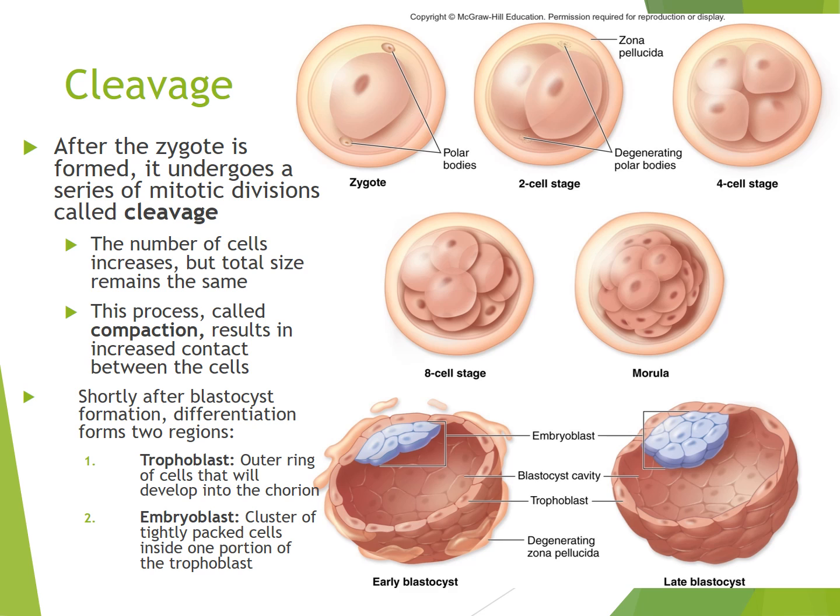The trophoblast creates the outer ring of cells, has a fluid-filled cavity, and will form the chorion later on. Then there is the embryoblast, or the inner cell mass, which is within one side of the blastocyst. This is important because this is where the cells become pluripotent, meaning they have the power to differentiate into any cell or tissue type within the body.